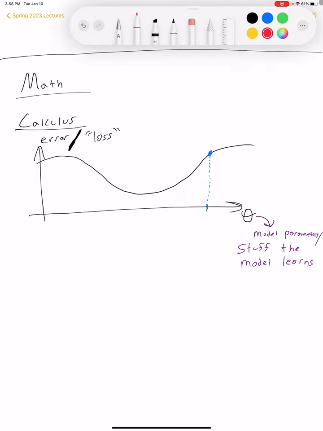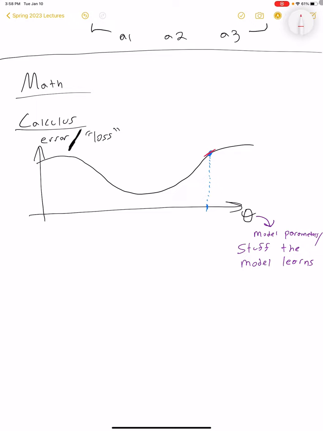What calculus allows us to do is, by taking the derivative at that point, that is the slope of the tangent line, we can know which direction to move in towards a local minimum. That is, which direction to move in so that we get closer to our desired value of the minimal loss.